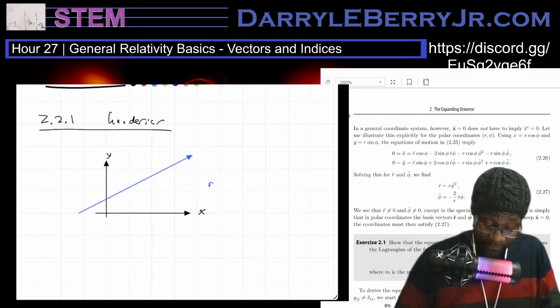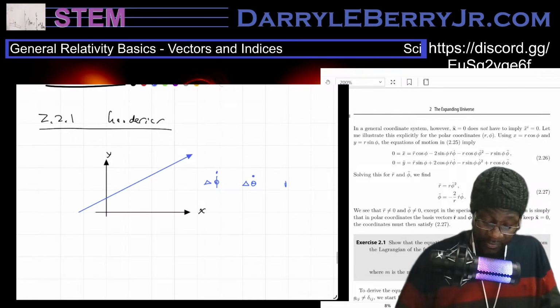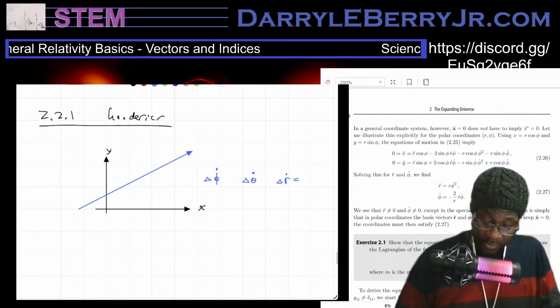You could have phi dot changing, and you could have r dot changing, even though the acceleration equals zero.